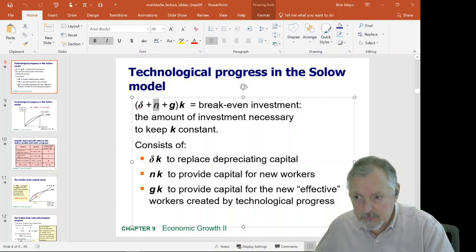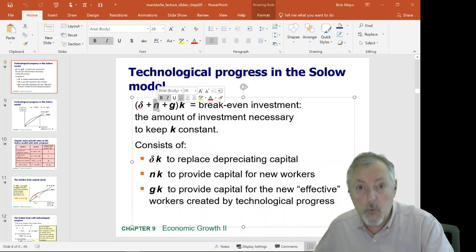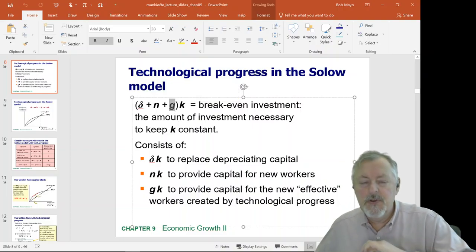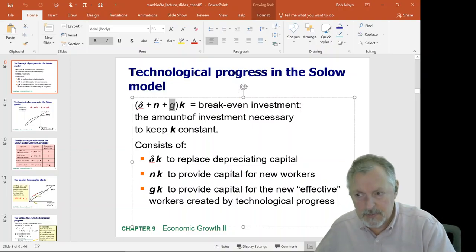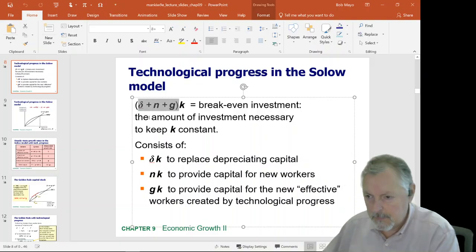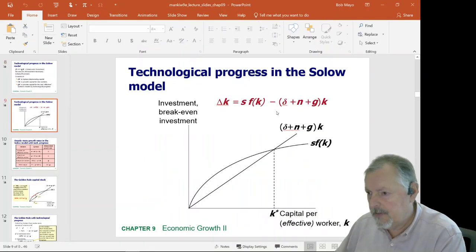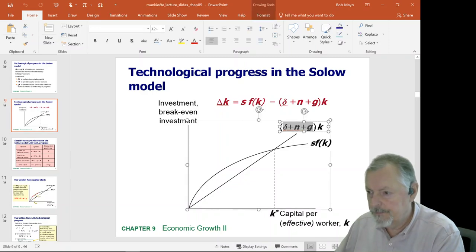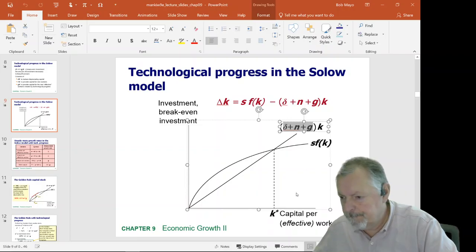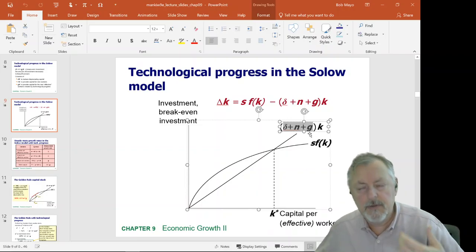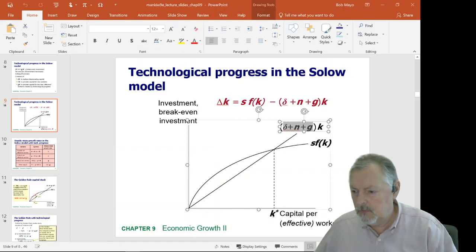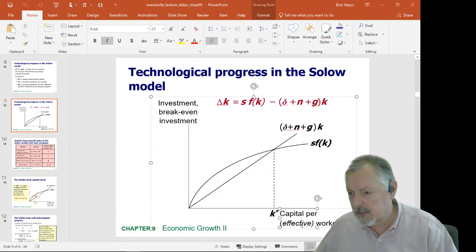You still have to have new capital for the new workers, and you need more capital for the new effective workers. So this becomes your break even. And this term in the graph, you get g in there, which is the growth rate of effectiveness of workers. And now capital per effective worker is on the horizontal axis.